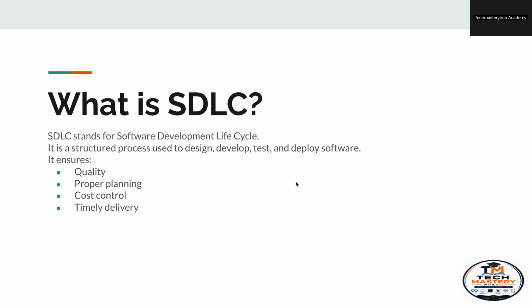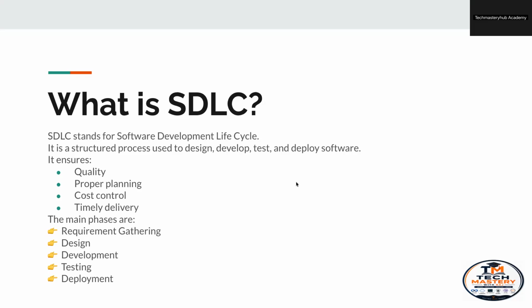The main phases are requirement gathering, design, development, testing, deployment, and maintenance. So these are the important stages in the software development lifecycle.